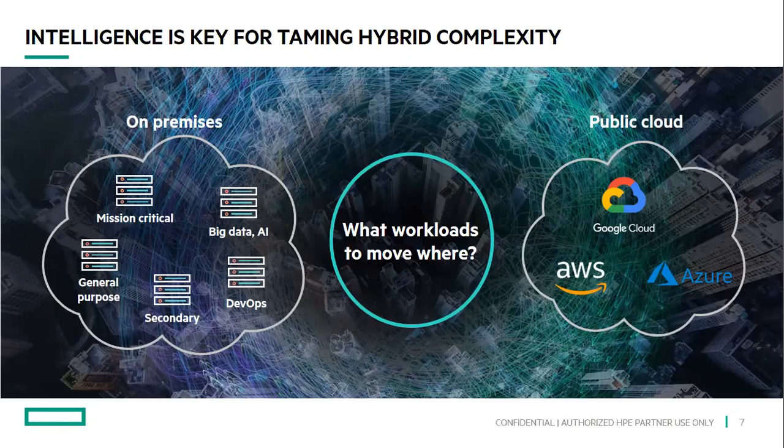That means if you have a combination of on premises and cloud, and you want to decide whether this XYZ workload should go on premises or on cloud, artificial intelligence can take a decision based on that.